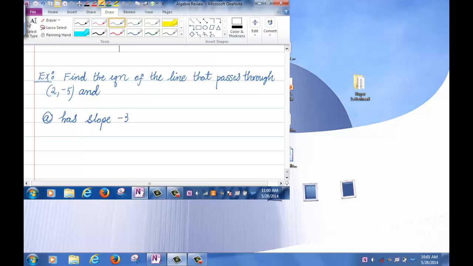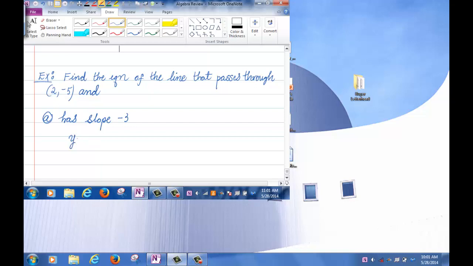So it says find the equation of the line that passes through the point 2, -5. So we are given 1 point on the line, and in part A we are given the slope as well. So if I am given the slope, then what's the equation of the straight line?